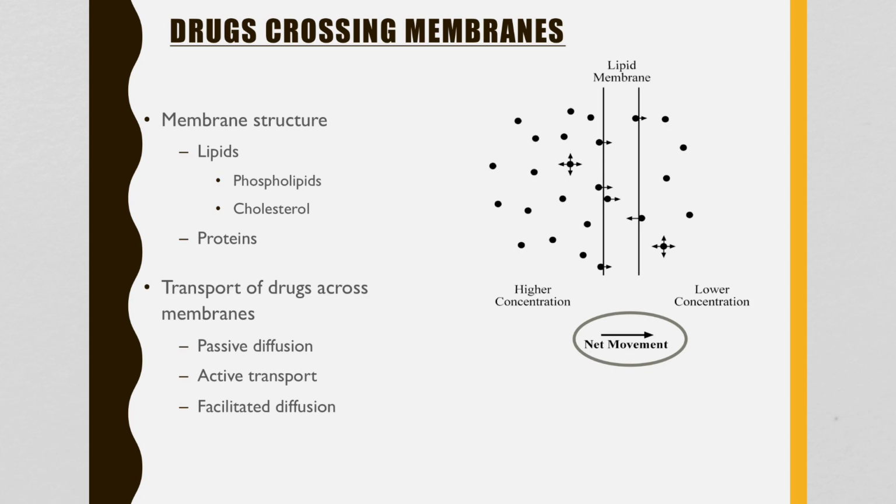I want you to understand that, because cell membranes, most of them, are comprised of lipids, particularly the phospholipids and the cholesterol, which is great because if we have a drug that is very lipid forward, then we know that it's going to have an easier time crossing that cell membrane. We know that it's going to have an easier time attaching to that site of action. And the beauty of that is creating that desired therapeutic response, right?